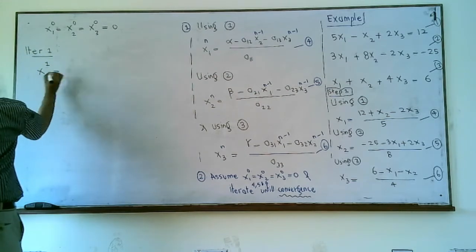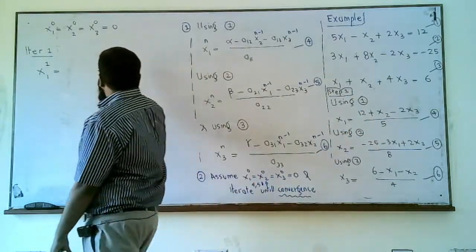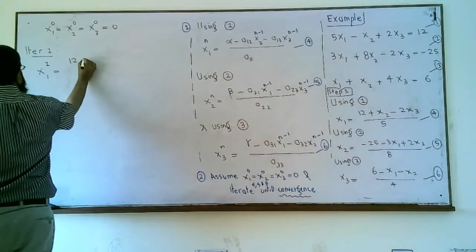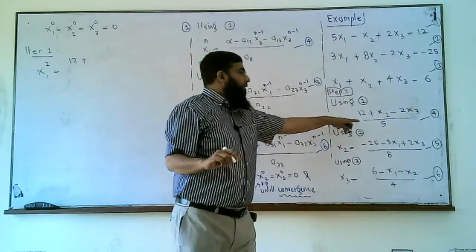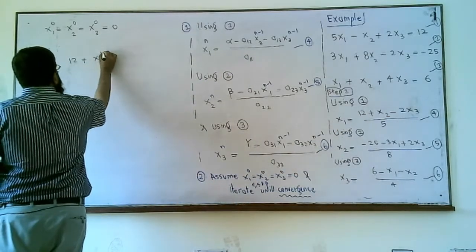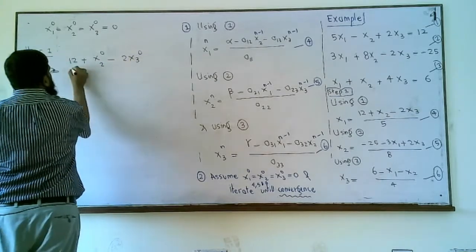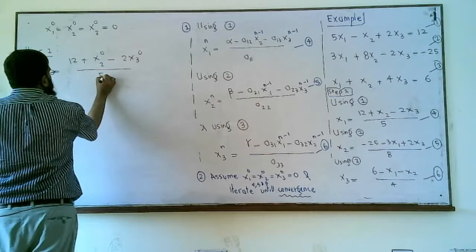x1 at iteration number 1 would be 12 plus x2 at iteration number 0 minus 2 times x3 at iteration number 0, all over 5.